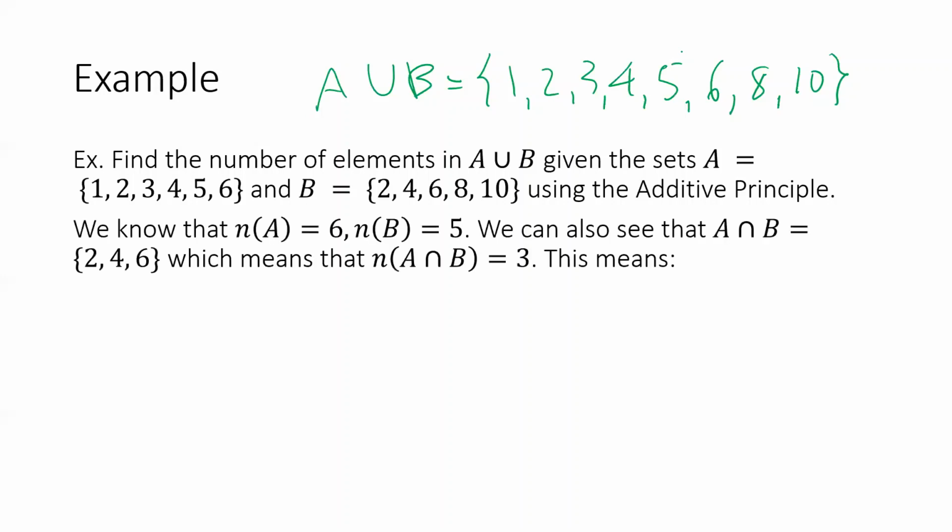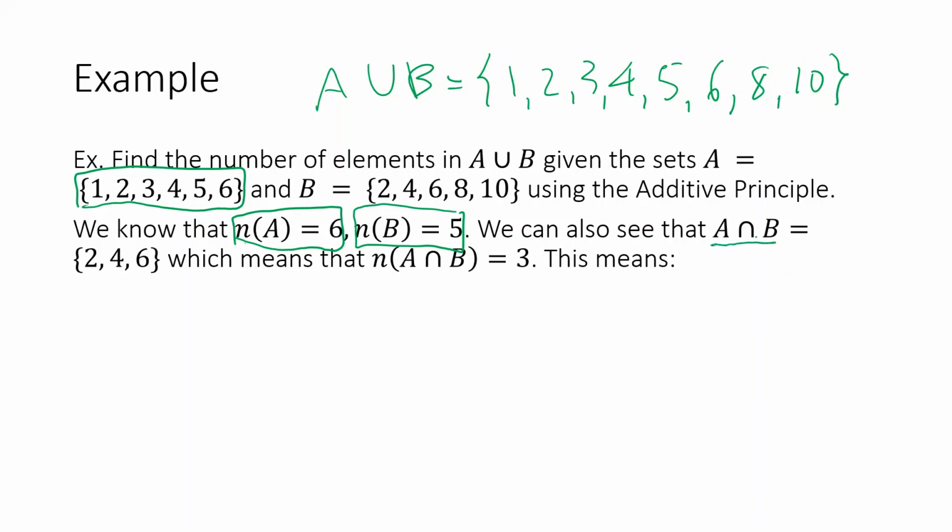Okay, so the first step is we notice that the set A has 6 elements inside. So we write that as N(A) is 6. We can see here that there are 5 elements in the set B. So we write that as the number of elements in B is 5, right? So N(B) is 5. So if we want to find the union, the next step after this is to find out what the intersection of A and B is.